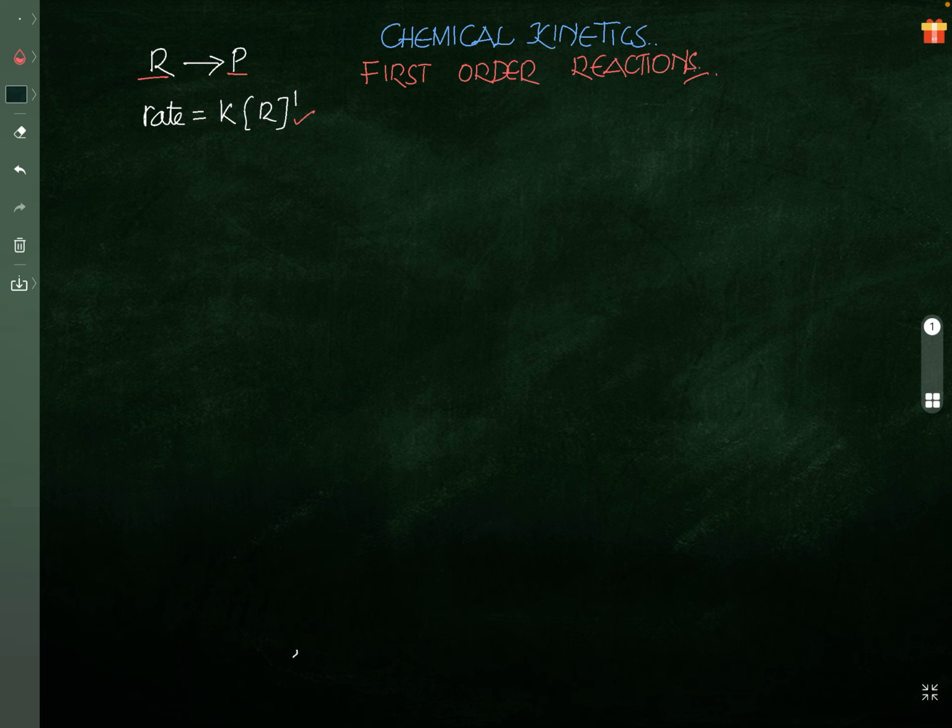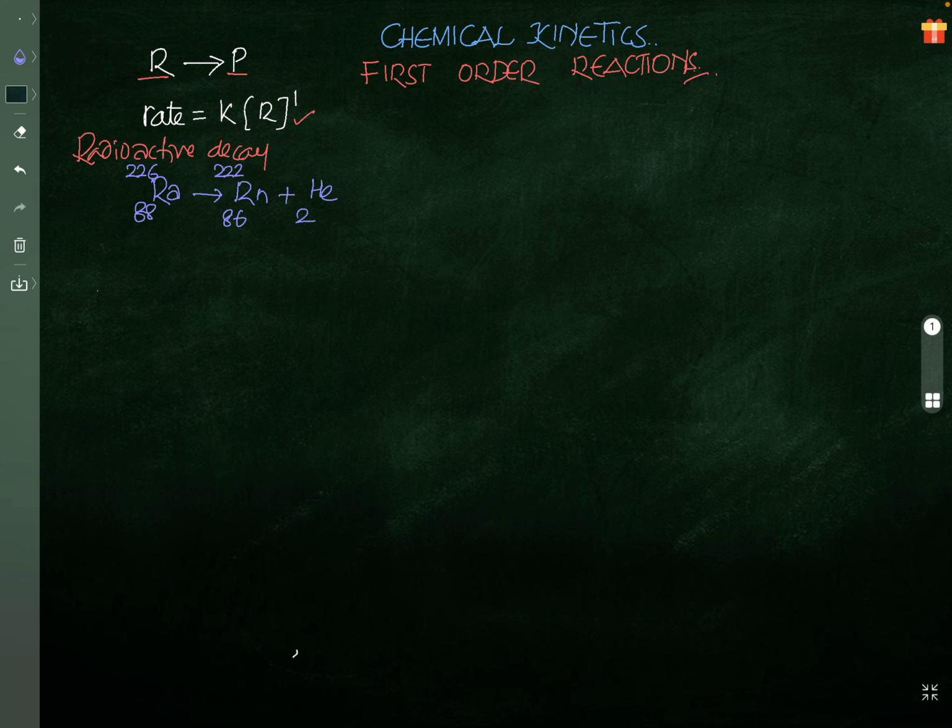All radioactive reactions are first order reactions. Radioactive decay reactions or disintegration reactions. And one very, very important, very popular reaction known to you is the radium reaction. Radium 88, 226 will turn into radon 86, 222 plus helium 2, 4.